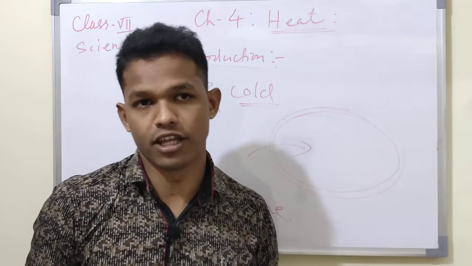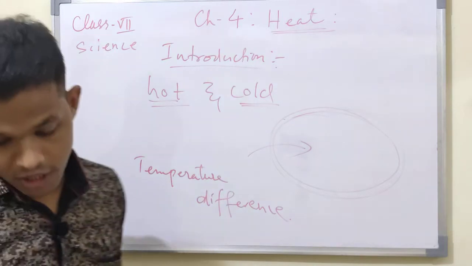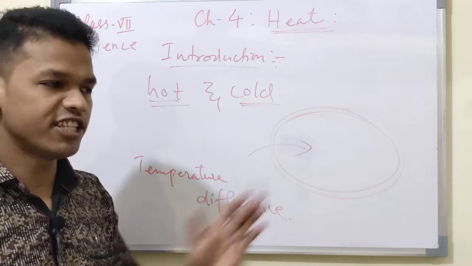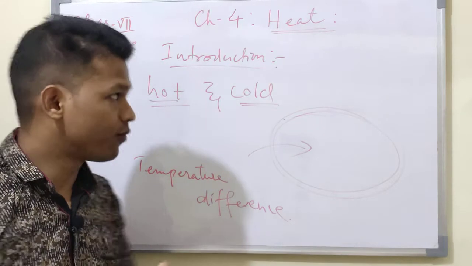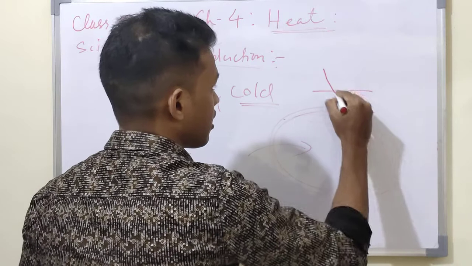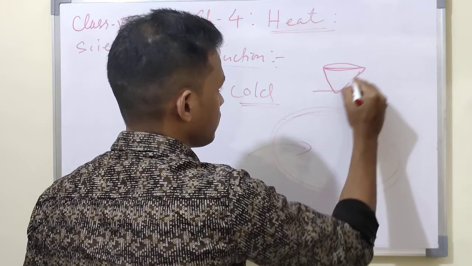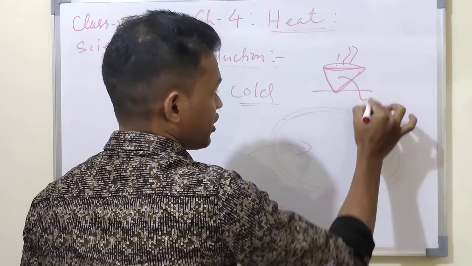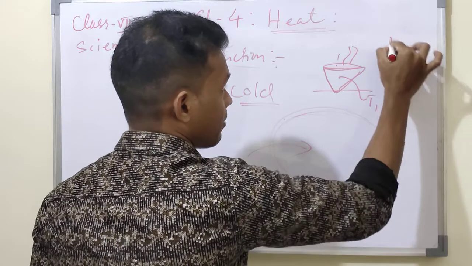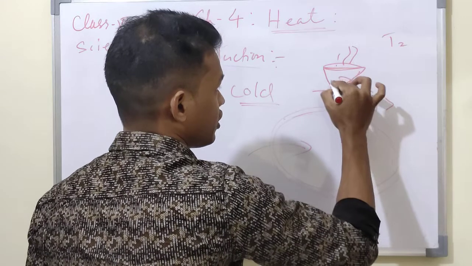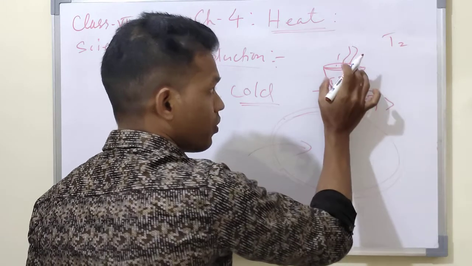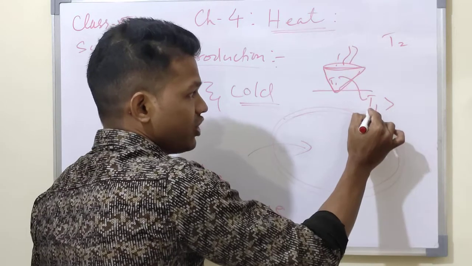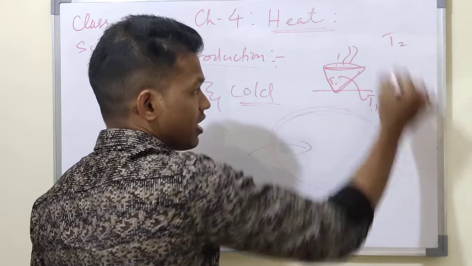Why is this happening? We will understand in this chapter. Basically, this happens because of the difference in their temperature. If you place a cup of tea here, the temperature of the tea or coffee in the cup is T1. Then the outside temperature is T2.